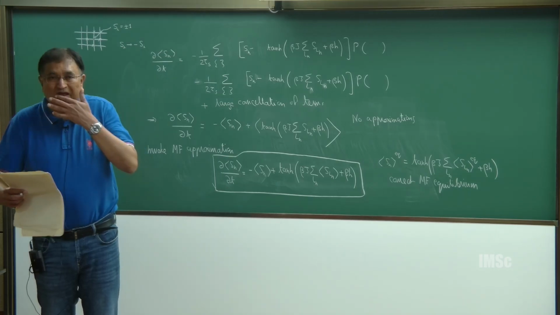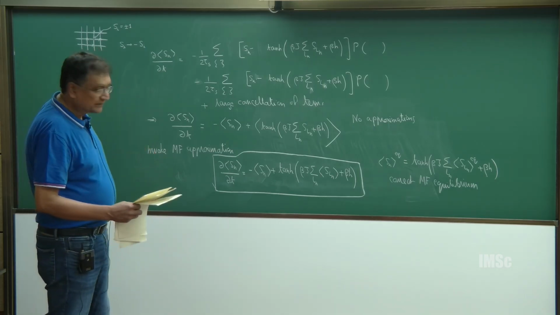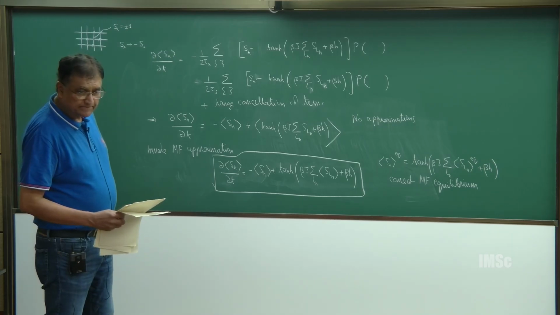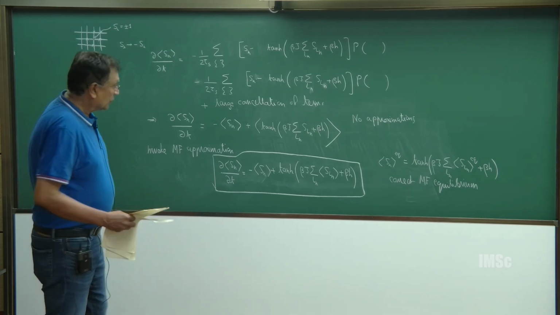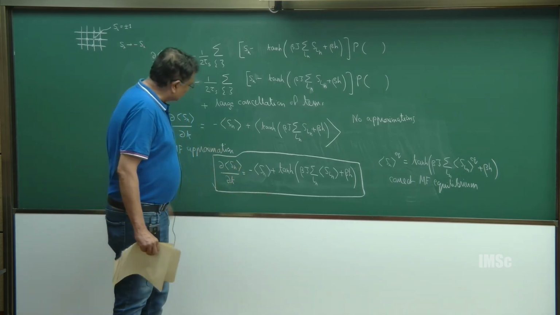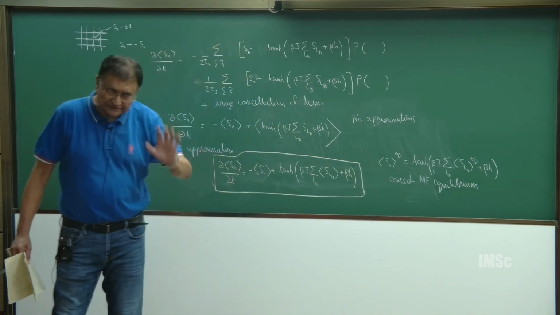Okay. Any other questions? Is it exact as the number of neighbors goes to infinity? No. It is never exact. I call it mean field because it gives the correct static mean field solution. That's it, basically.